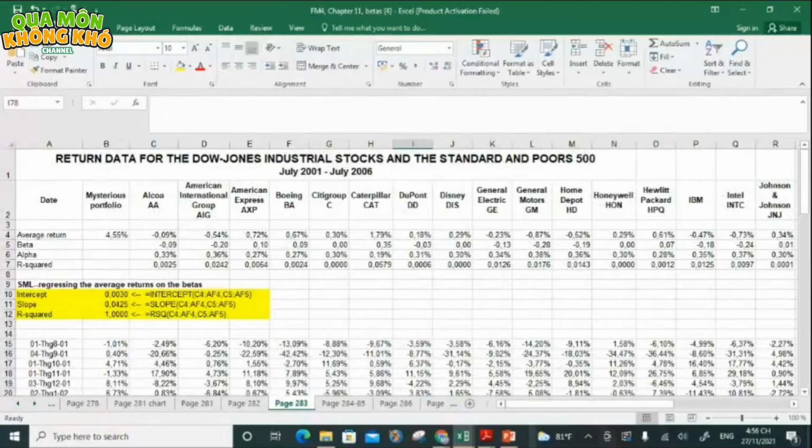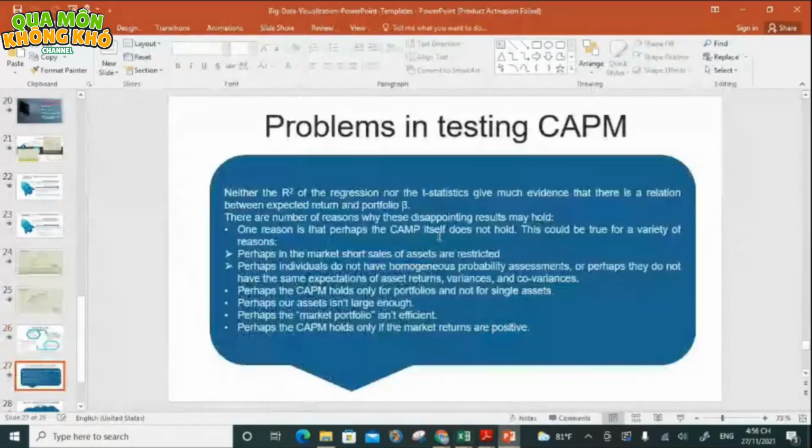So as the teacher mentioned above, we have some problems in testing the capital asset pricing model. One reason is that the capital asset pricing model does not hold, because the market short sales of the assets are restricted, or perhaps we don't have the same expectation of the assets' return, the variance, and the covariance.